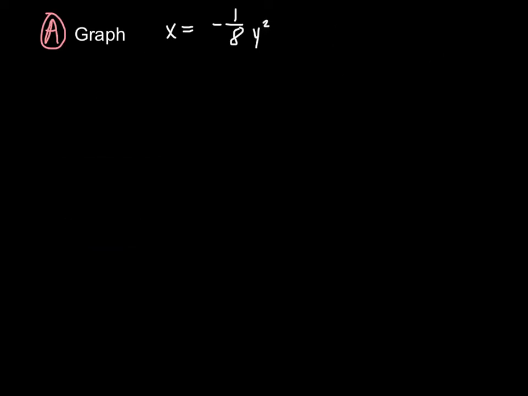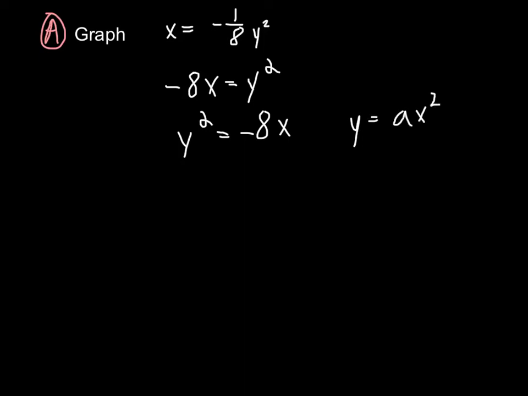So we will be told to graph x equals negative 1/8 y squared. And so you're probably noticing that this isn't in the same form as our previous equation, and so therefore we need to transform it. So we have negative 8x equals y squared, or y squared equals negative 8x, and now this looks like our y equals ax squared.